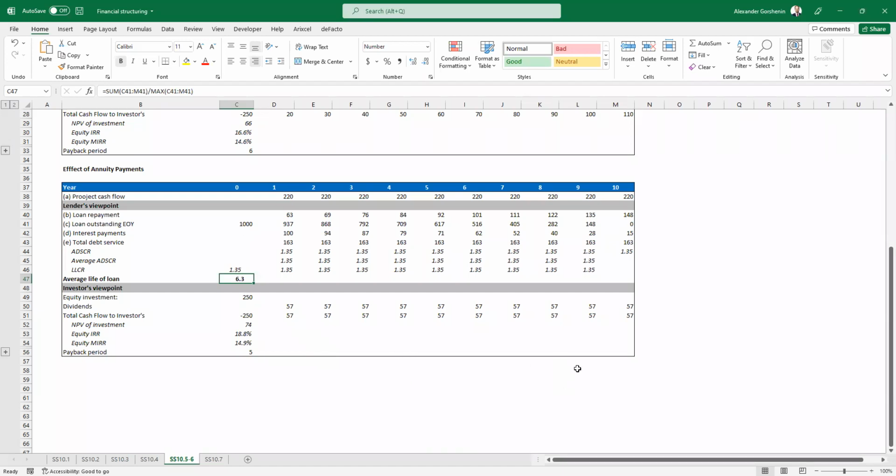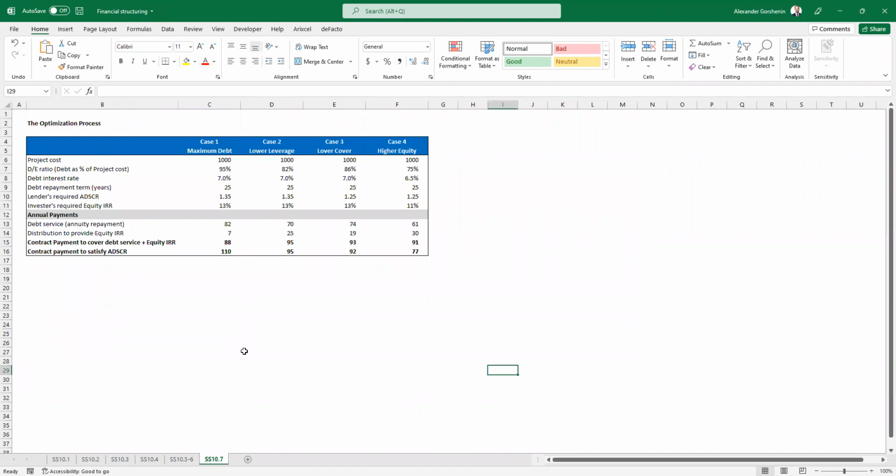So I will switch. I have this table, and we'll have several cases that were considered. So let us discuss in detail. Case 1 assumes a project cost of 1,000, that the lenders will lend up to 95% of the cost, but also require an ADCR of 1.35.